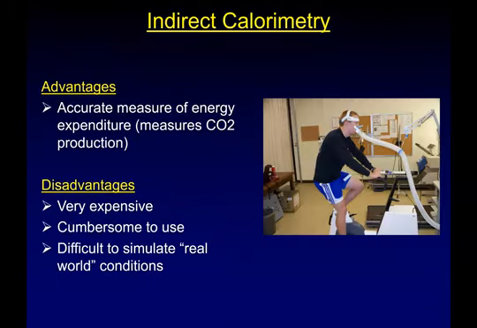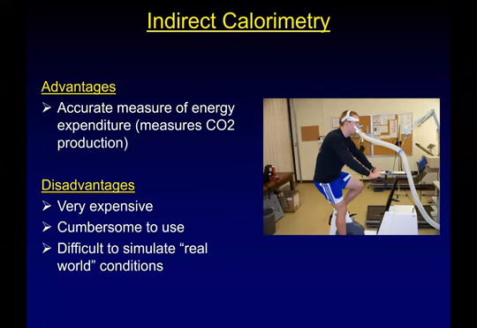Okay. A more feasible way than all of that is the thing that we do in our lab a fair amount. You guys will do it in exercise physiology lab if you take that class with Dr. Pereira. It's something called indirect calorimetry. Okay.